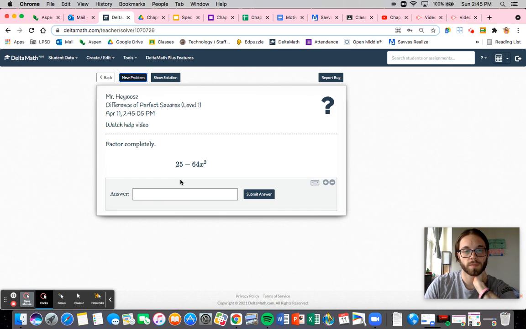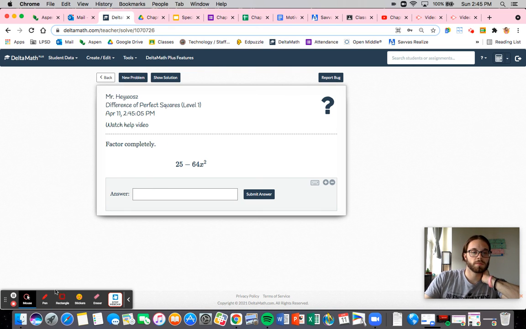Okay. Now, this one's a little bit tougher, but I assure you it still is the difference of perfect squares. The reason it is still the difference of perfect squares comes down to the fact that this is 5 squared minus 8x squared.